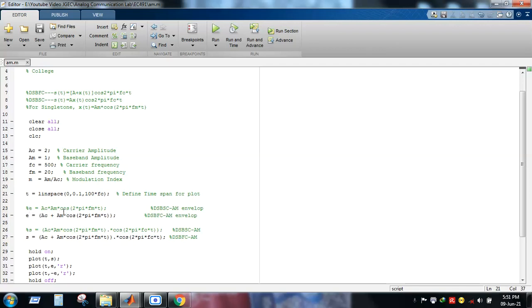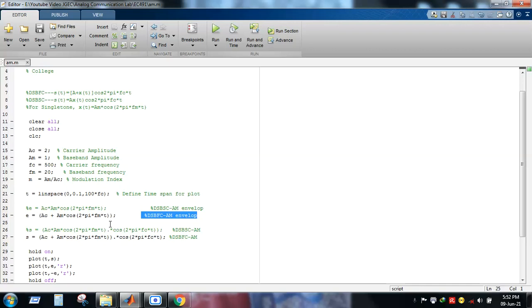Now we define the envelope. First of all, we want to show the modulated waveform for the DSBFC signal. Observe this line. Basically, the envelope is denoted by AC plus AM cos 2 pi fmt, that is A plus xt. So AC plus AM into cos 2 pi fmt is the envelope for the DSBFC. And above this line, there is another line, E equal to AC into AM into cos 2 pi fmt.